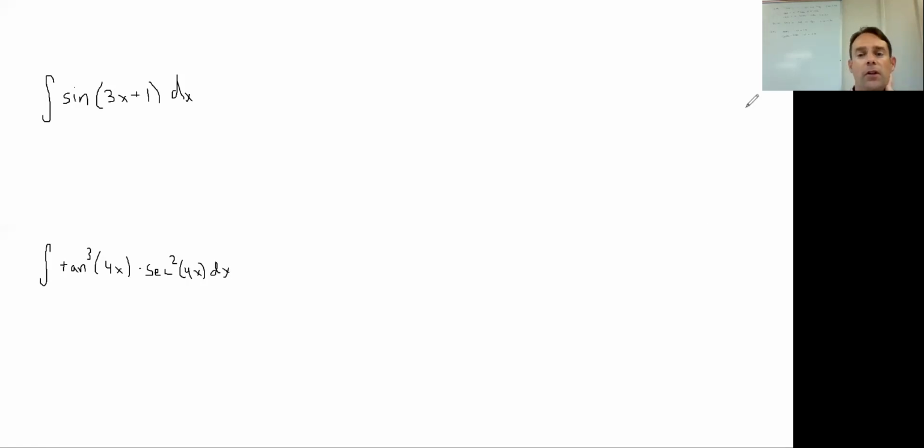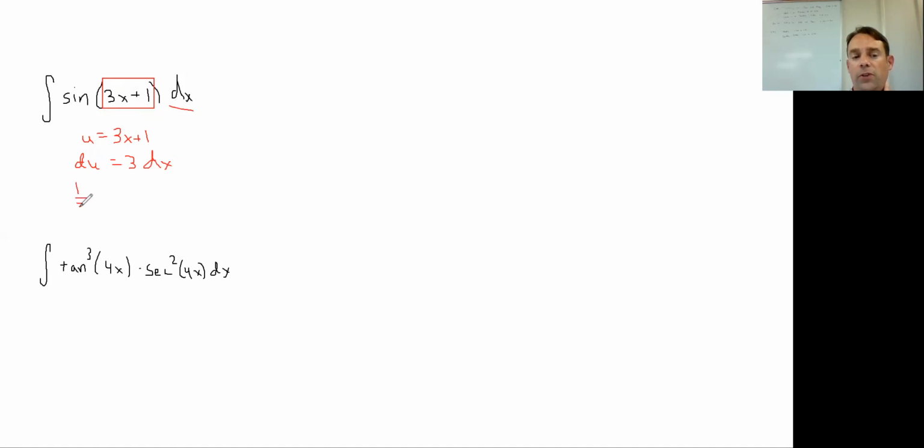All right, why don't you guys see what we can come up with, and then we'll talk about it. All right, here we go. So again, there's our inside function. So that doesn't change. We're still going to use the u substitution. So u equals 3x plus 1. But then du equals 3 dx. Well, I only have a dx out here, so I'm going to use a 1/3.